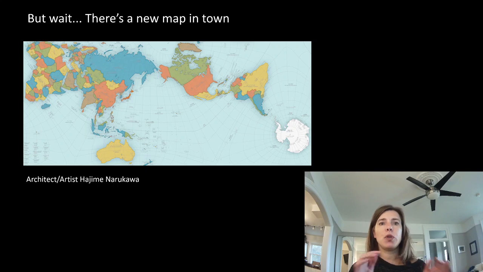Between the first and third time I gave this lecture, there was an award given to an architect who was an artist for producing one of the best maps around. It would take a long time for people to get their head around using it, but the majority of the world's populated zones are in squares roughly approximately the same size.